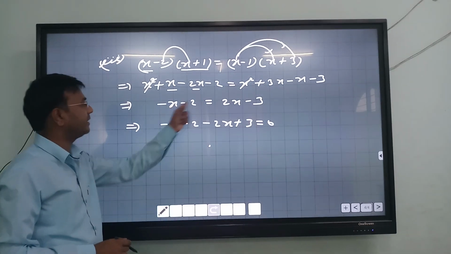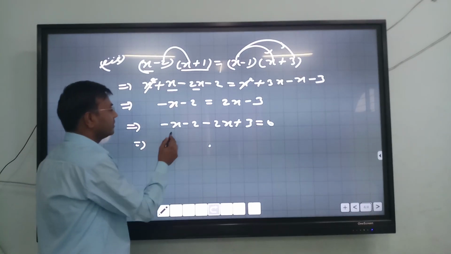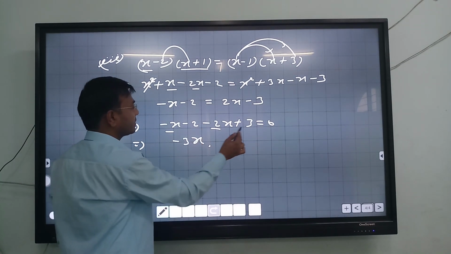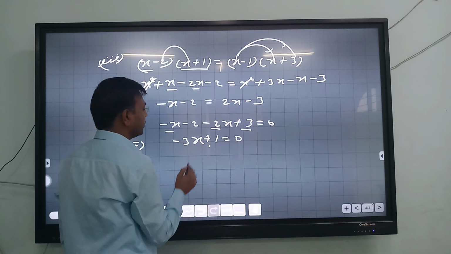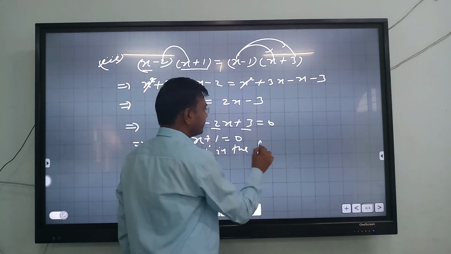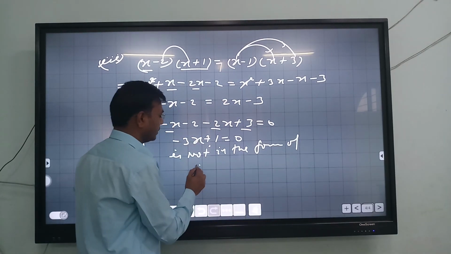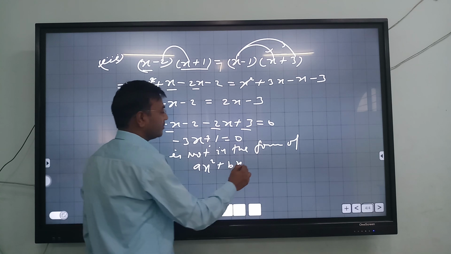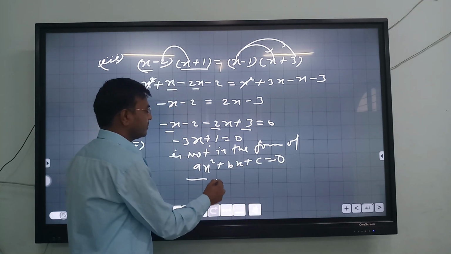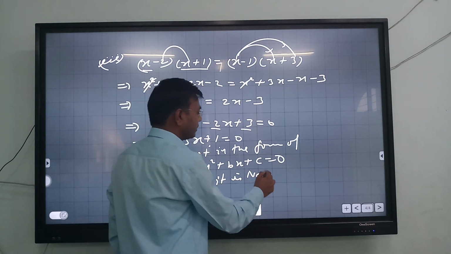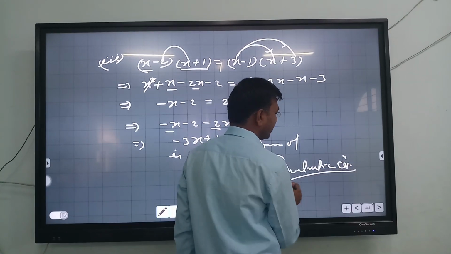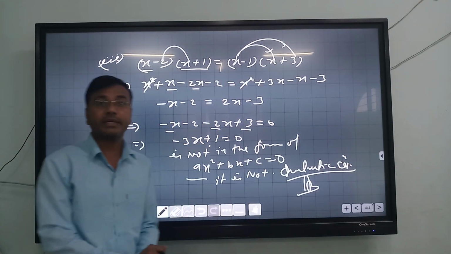In fact, we can write the answer: we got minus 3x plus 1 equals 0, and this is not in the form ax square plus bx plus c equals 0. So hence it is not a quadratic equation, right? This is the answer.